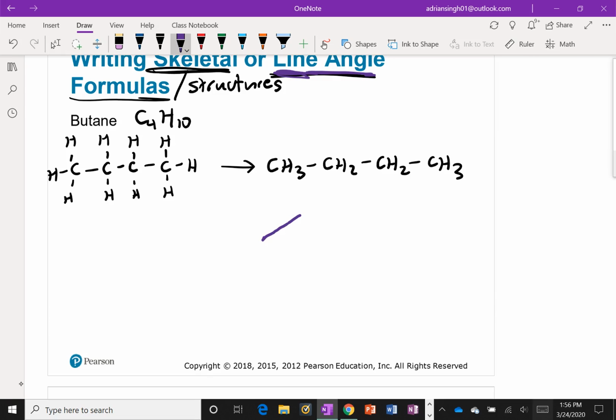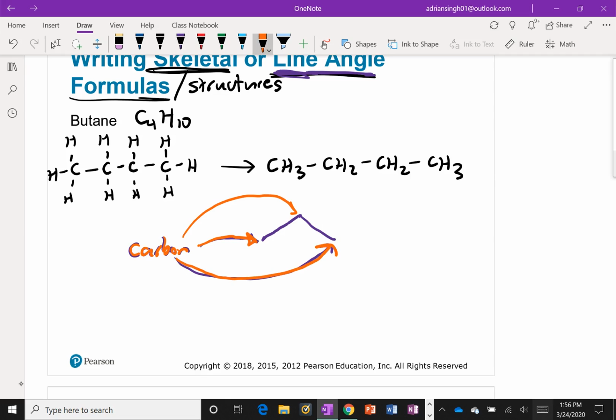When you have that line, there are a couple things to note. Where this line starts, right here, there's a carbon. Where the line ends, there's a carbon at the end of the line. If I were to continue my line now, there's a carbon at the end of the line again.